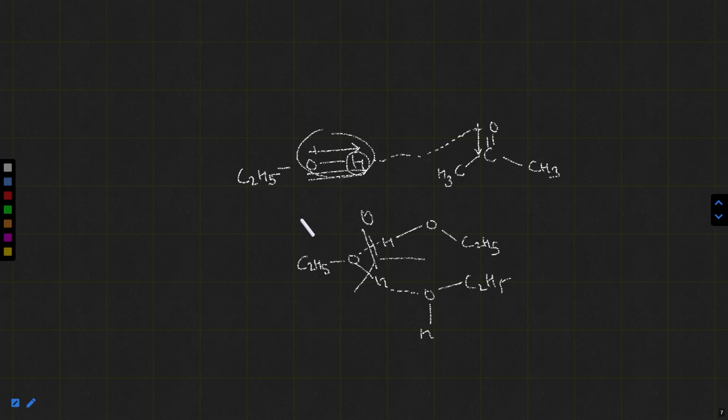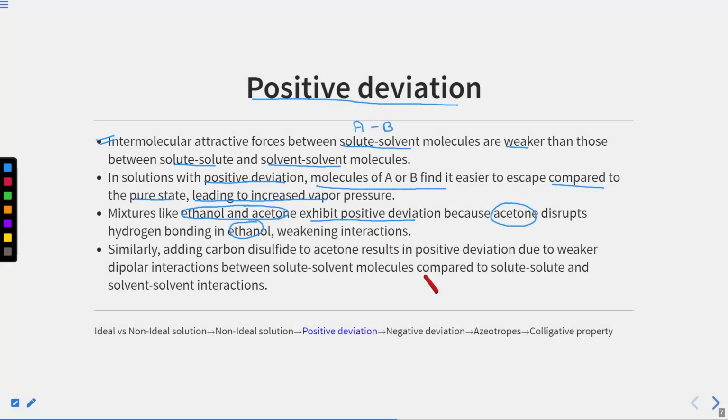Now the interaction is disrupted. So this interaction is disturbed. Now the molecules are not interacting as well as they were before. Due to this reason, the molecule will be more volatile due to less interaction. So I mean to say here that the ethanol-ethanol interaction is more as compared to ethanol-acetone, and due to this reason the molecules find it easier to escape the solution phase and move to the vapor phase.